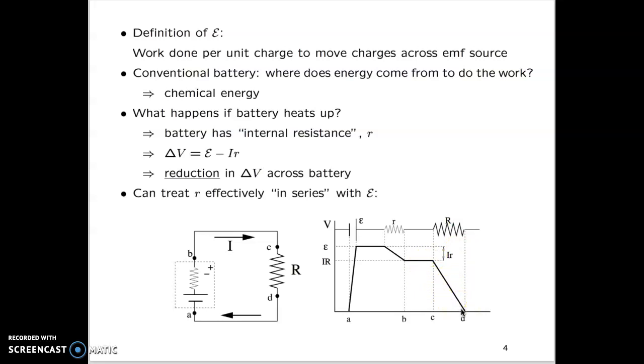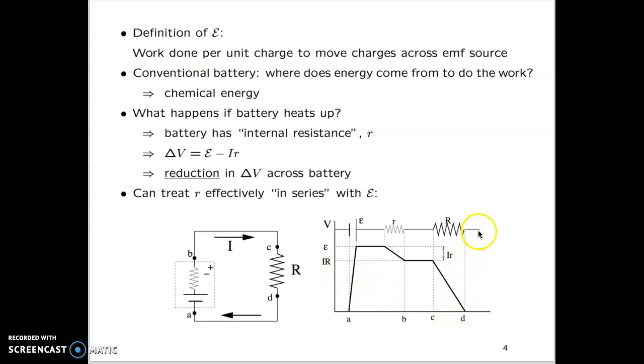How much? There's a current I flowing through this circuit, and therefore through the resistor, so the decrease is exactly equal to I times R. That's what I've indicated over here on the voltage axis.